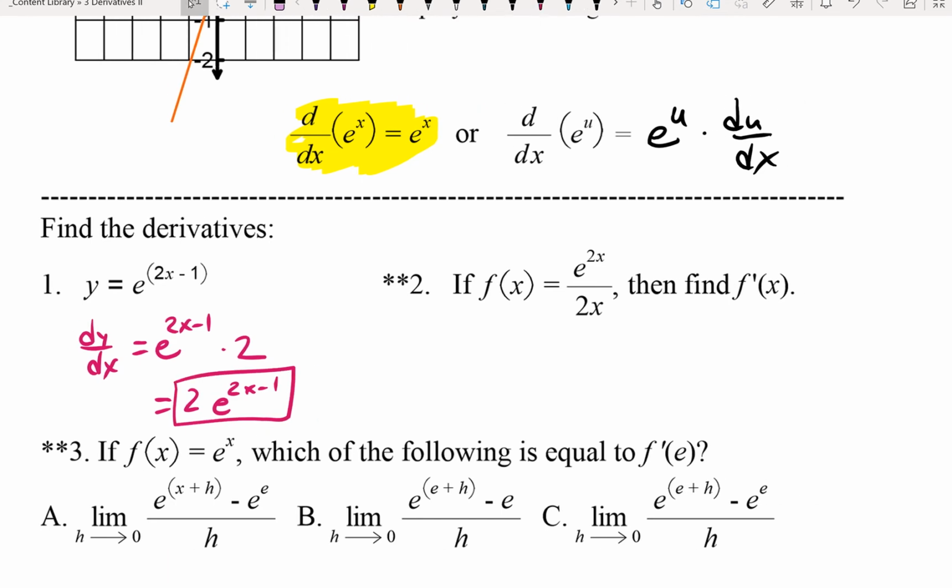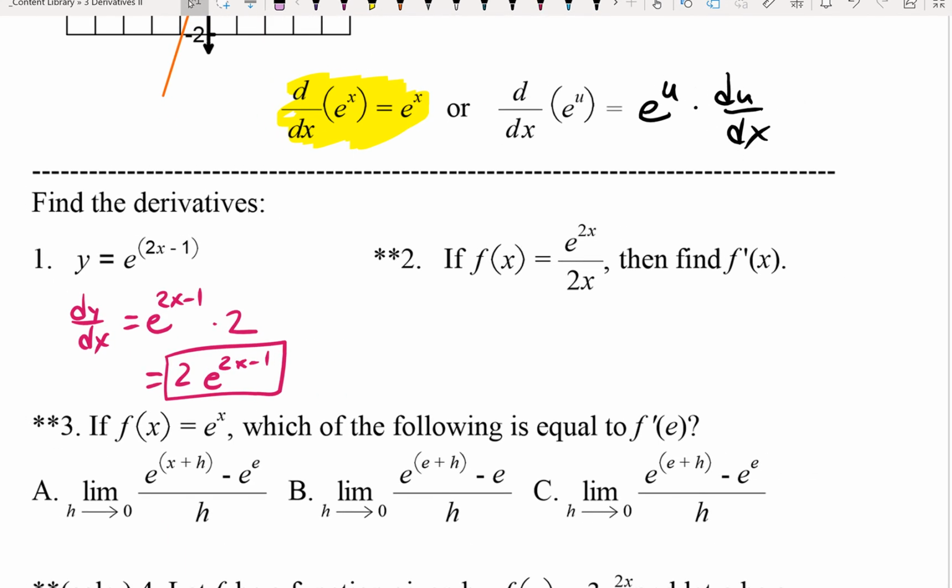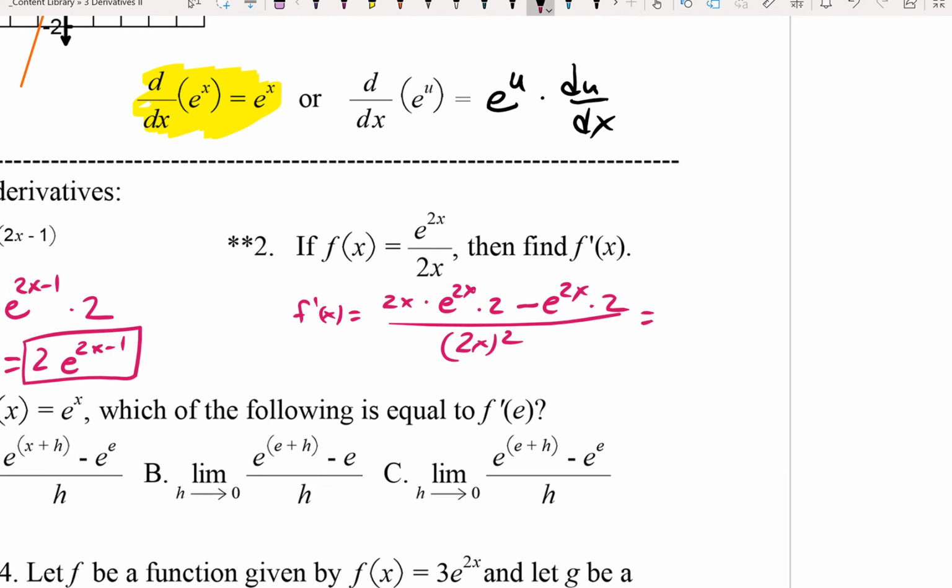So pretty straightforward. In 2, we've got a quotient, so we're going to have to use the quotient rule. By the quotient rule, we're going to have low d high. The derivative of e to the 2x is e to the 2x times 2. Minus high d low all over low squared. Let's see, we can simplify that a little bit.